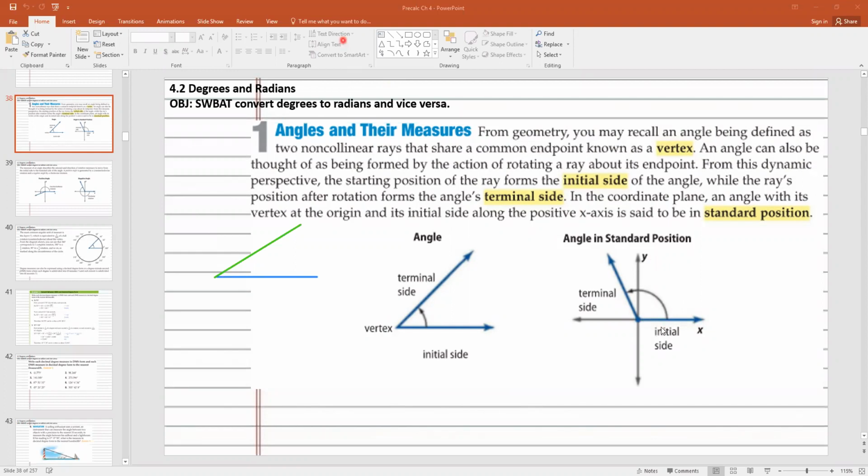And the terminal side, we can calculate or measure the angles there, and we'll see this a lot. All right, so that's that. Let me put this on the notes. But I should also mention that for standard position, the vertex is on the origin.